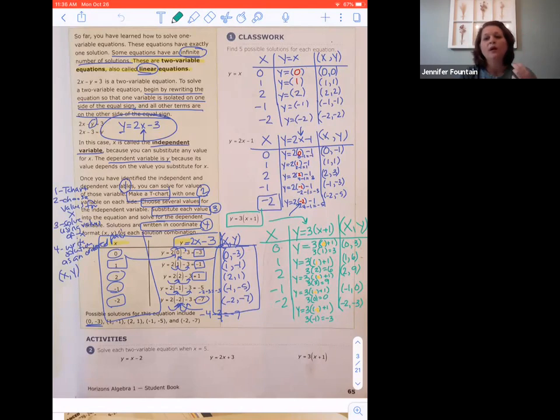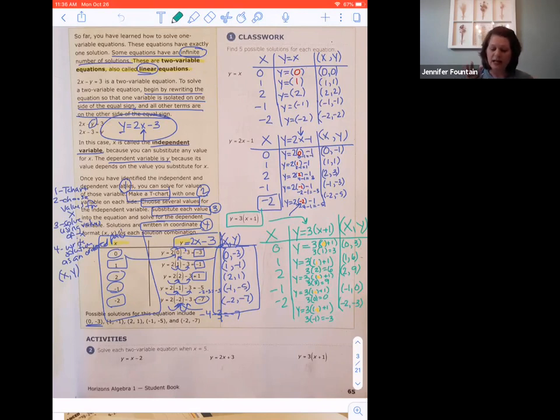Whenever you are left to choose your values for x, those are the ones I recommend using. Now, you may see a problem that says, let these values be x and solve for x. Then you would use whatever the problem told you to use, okay? But if they did not tell you what to use, sub in 0, 1, 2, -1, -2.